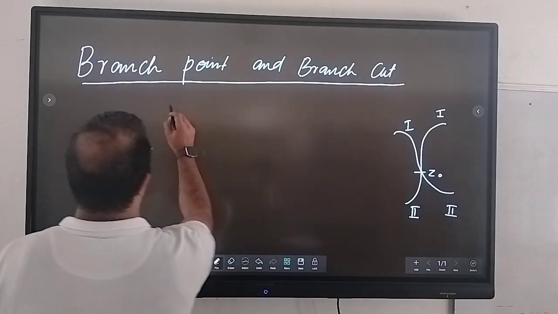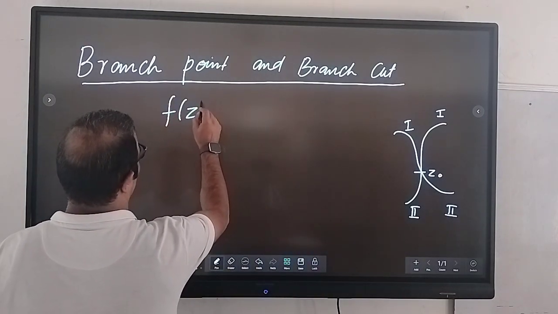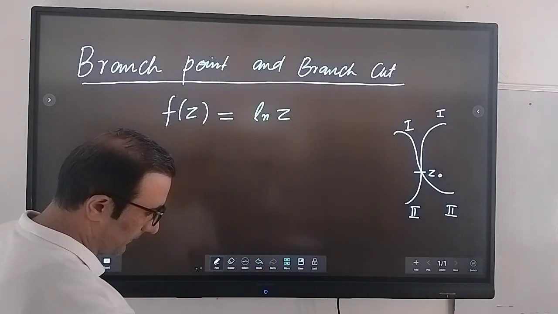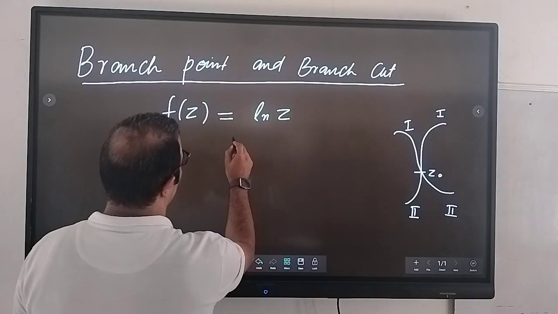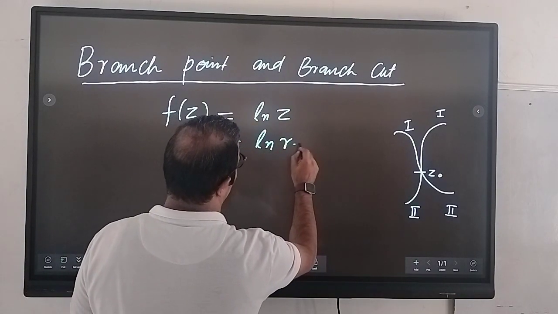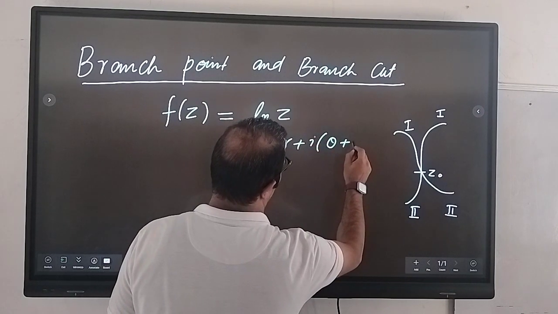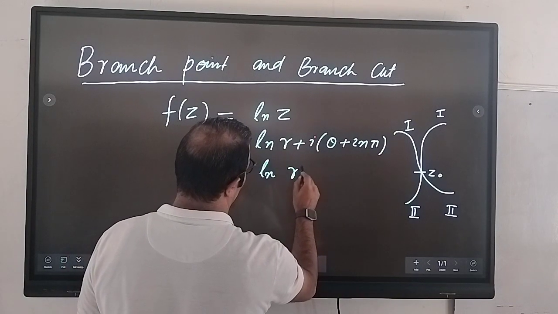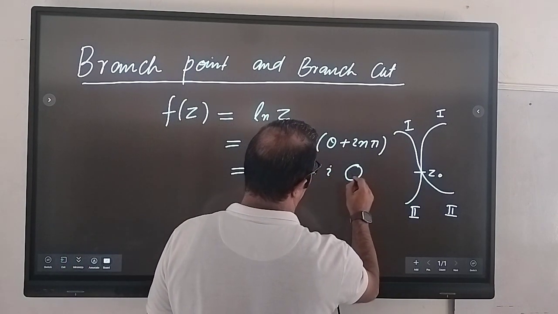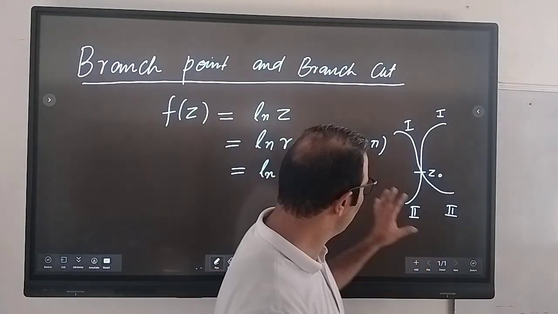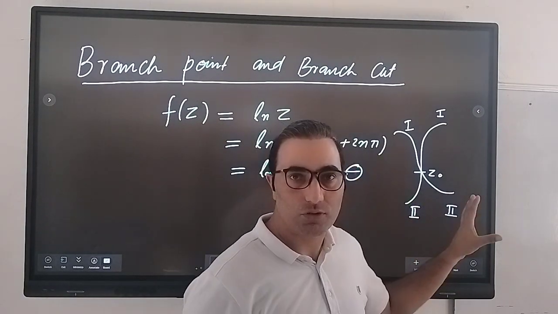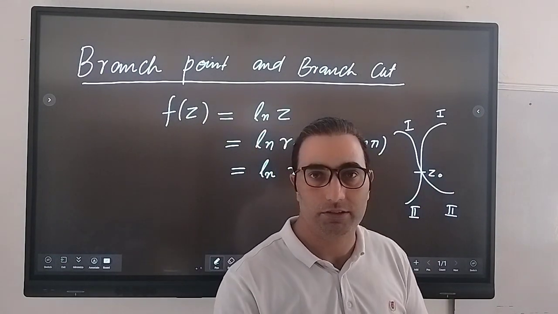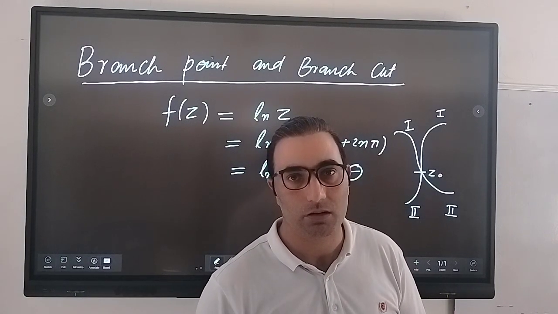If you remember, we have f of z equal to ln of z, which is equal to ln of r plus iota into theta plus 2 n pi. And this capital theta is basically the argument, and if you take different values of n, you get different values. So the natural log of z has many values, which is called multi-valued, right?